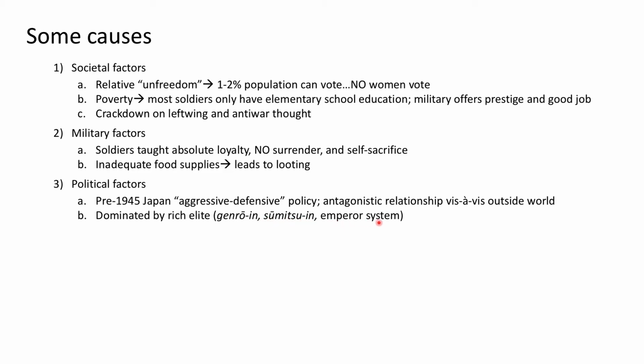And then the emperor system itself. The emperor was head of state, he was head of and commander of the military. And he was sacred and inviolable according to the Meiji Constitution. So none of these are really compatible with a democratic system of rule and governance.